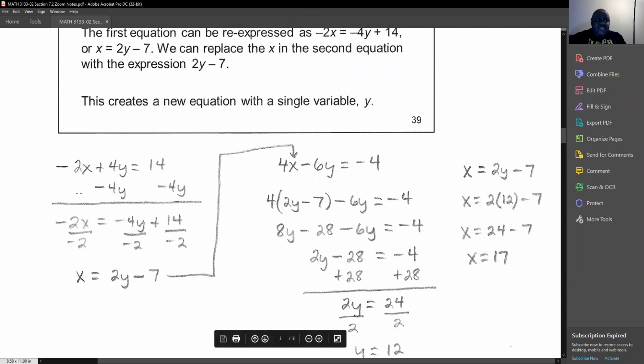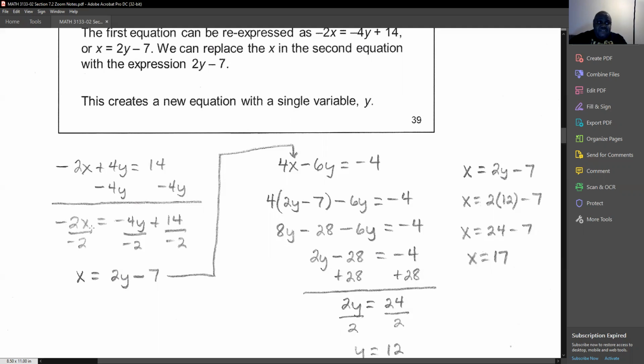Since neither equation is solved for either x or y, what I did here was take the first equation, negative 2x plus 4y is equal to 14, and solve it for x, because I see the coefficient of x is a 2, and 4 and 14 are multiples of 2. Let's get the negative 2x by itself. I'm adding 4y, so I need to subtract 4y on both sides.